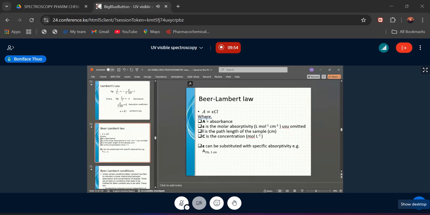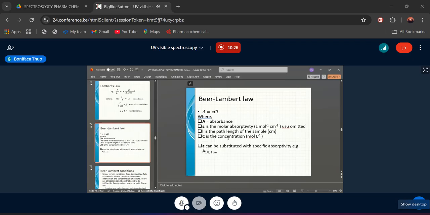For every absorbance, it will be determined by the molar absorptivity, the concentration, and the path length. Some of those entities have their units, but absorbance has no units. So the units of concentration and path length will be cancelled by the units of the molar absorptivity.